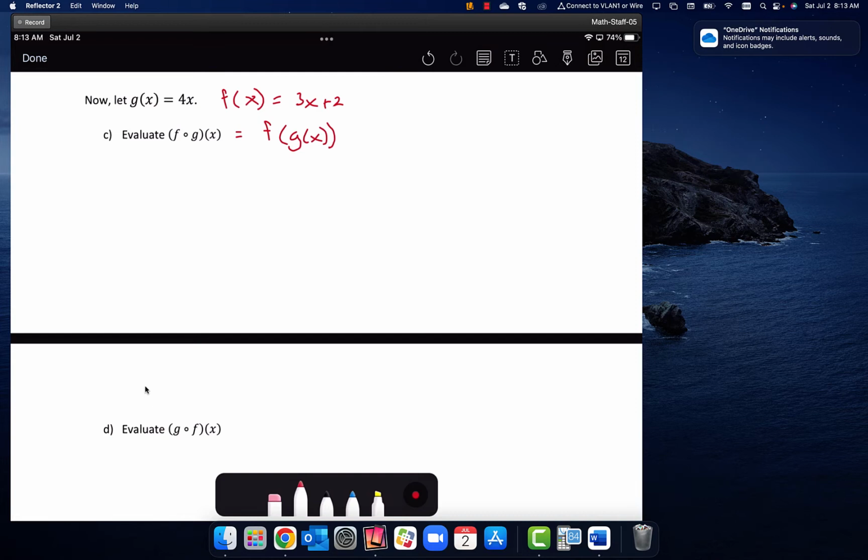So everywhere in the original f, you're going to replace that x with what's in parentheses, in this case, g, which is 4x. So we have 3 times, replace the x with the g function, plus 2. And simplify. We'll get 12x plus 2.